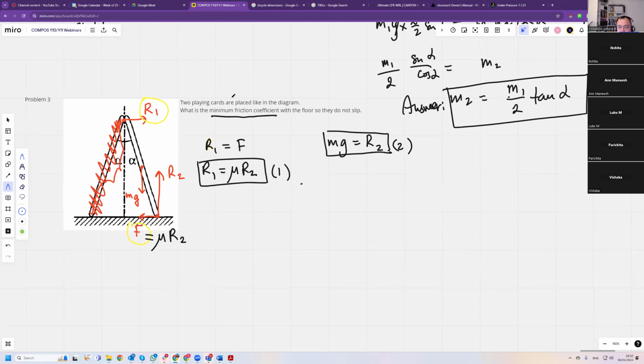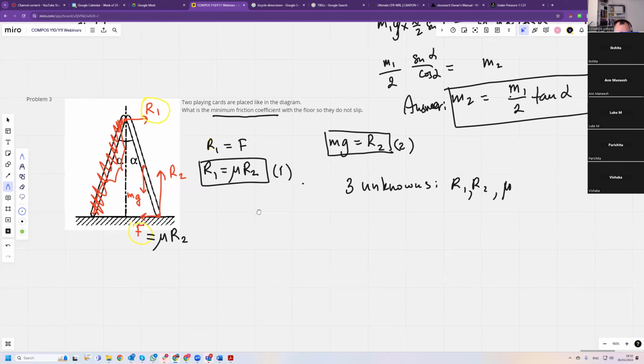Let's say we know the mass of the card, for simplicity. So we have 3 unknowns, which is R1, R2, and mu. So we can't solve it. So we need a third equation.